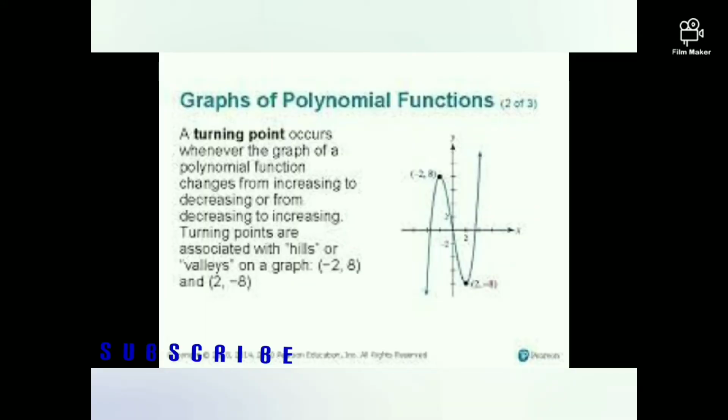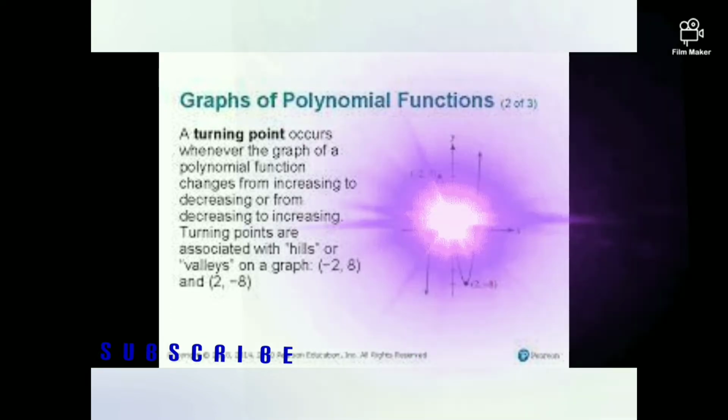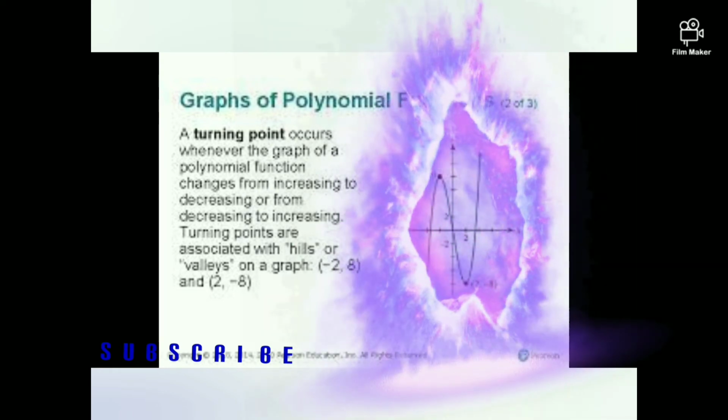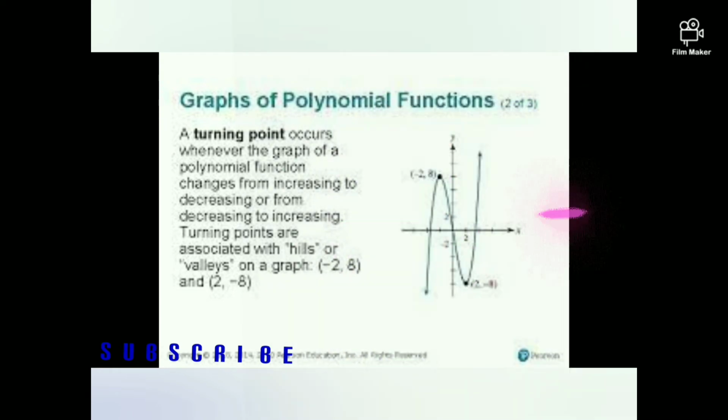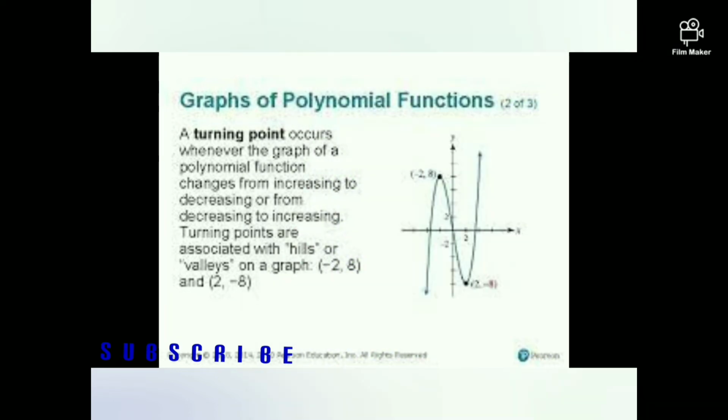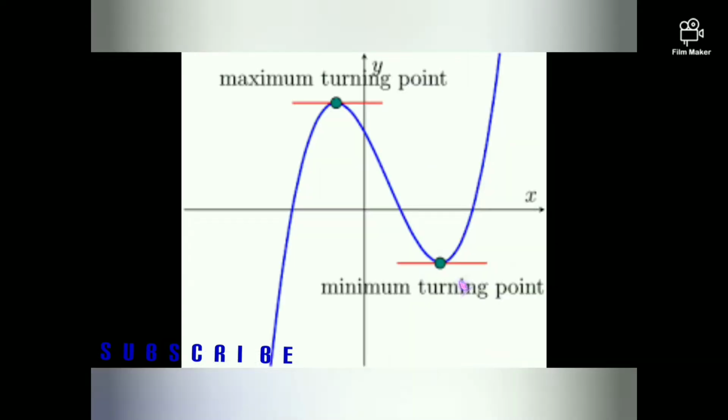So, as we've seen, a turning point occurs when the graph of a polynomial function changes from increasing to decreasing or from decreasing to increasing. It is associated with hills or valleys, as shown in the graph passing through the points (-2, 8) and (2, -8). It could either be a maximum turning point or a minimum turning point, as clearly shown.